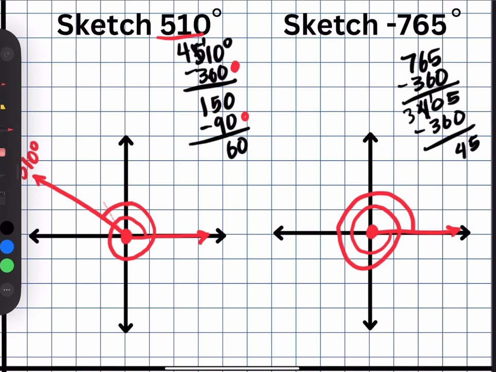And remember that 45 is about half of 90. So here is my other half that I traveled. And this would be the angle of negative 765 degrees.